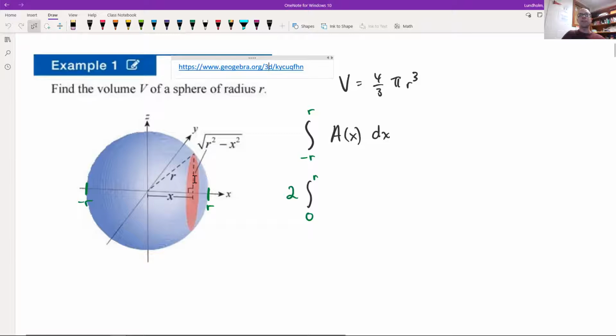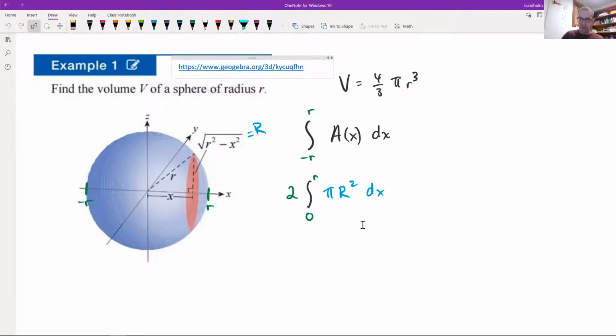So maybe we call this big R rather than little r. And the area function would be pi r squared dx.